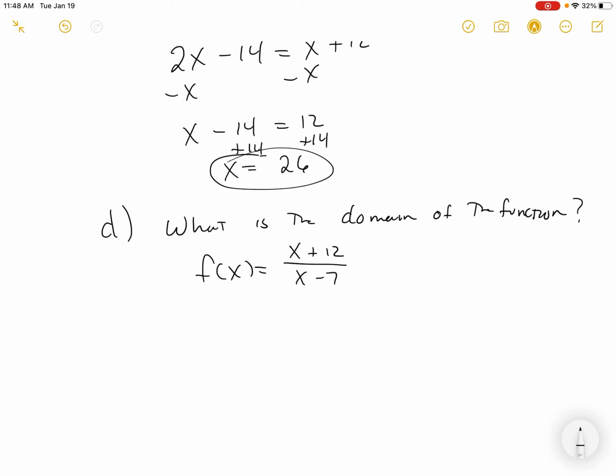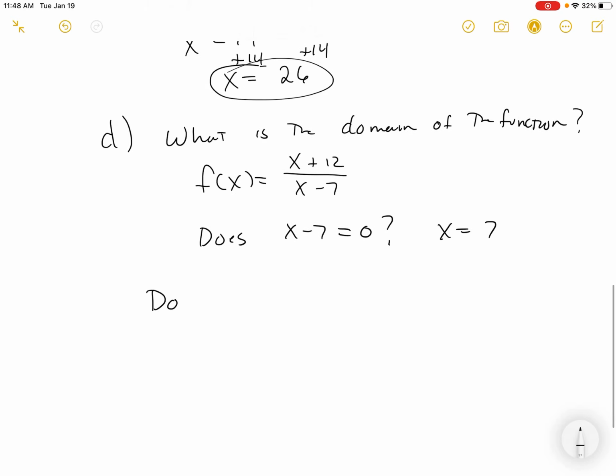Well, potentially we could divide by 0. So the question is, does x minus 7 ever equal 0? And the answer is yes, when x is equal to 7. So 7 needs to be ruled out. So what's the domain? The domain's not 7. The domain's a ton of things. In interval notation, it's negative infinity all the way up to 7, and then jumping on the other side and going from 7 to infinity. That is our domain in interval notation, everything but 7.